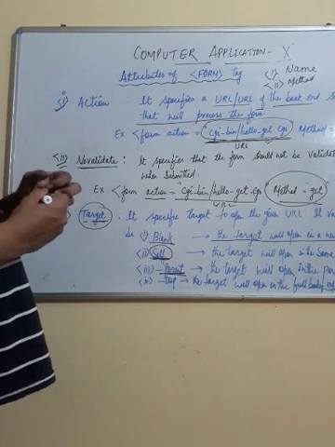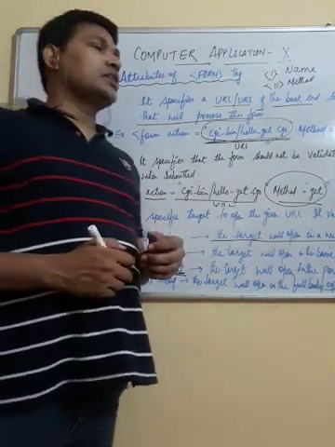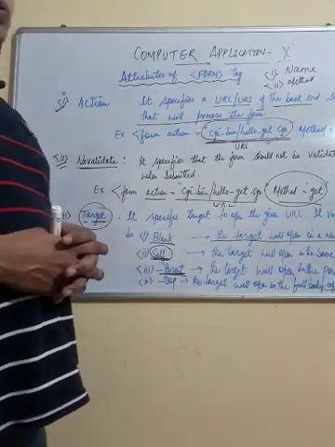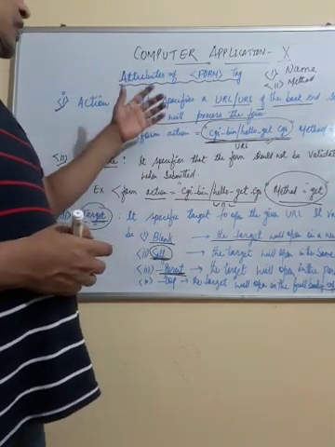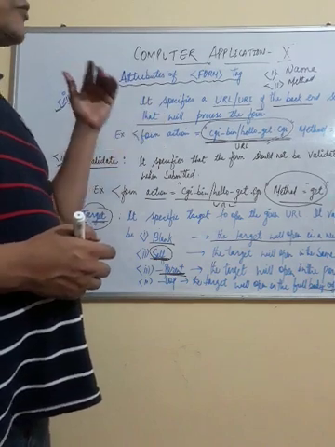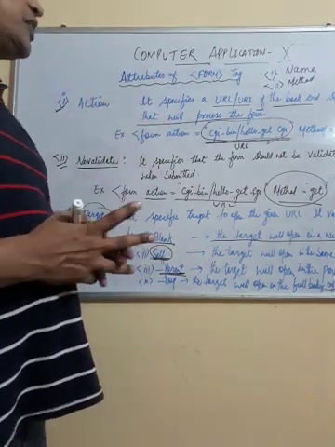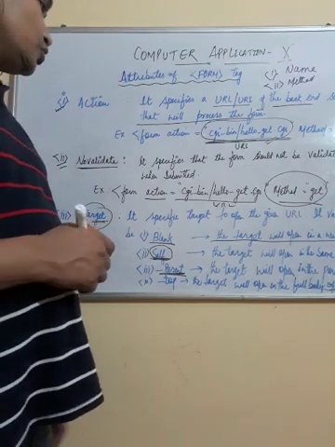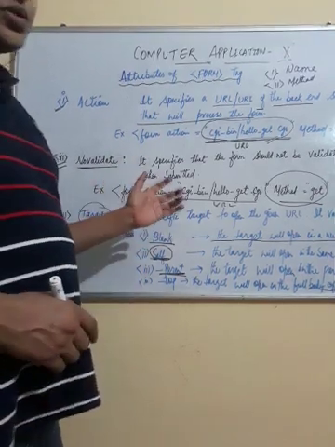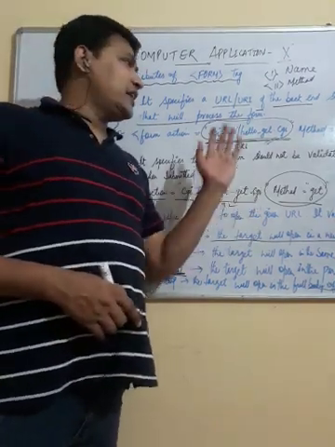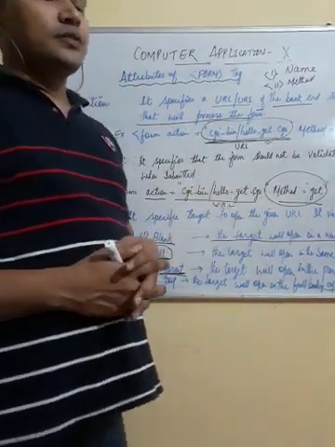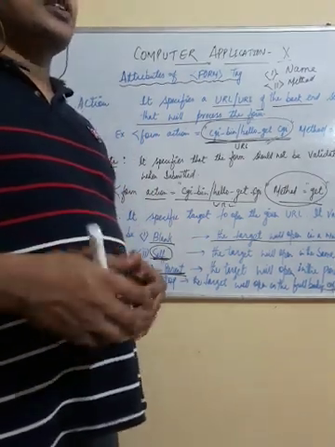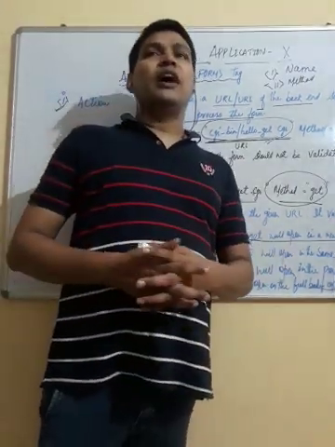So these are the attributes that we use in the form, and they have different functions that I have explained in this video and in my previous video also. So students, you must use these attributes in your program and see the effects, see the result, what is going to happen.